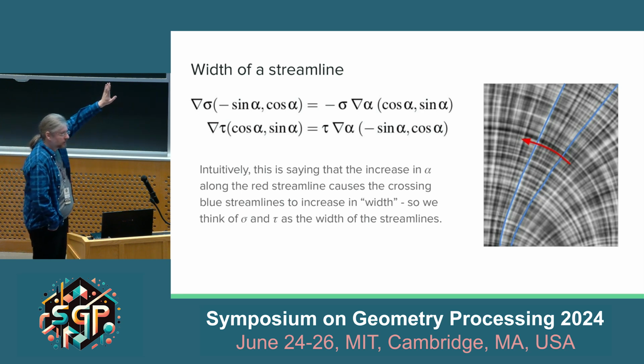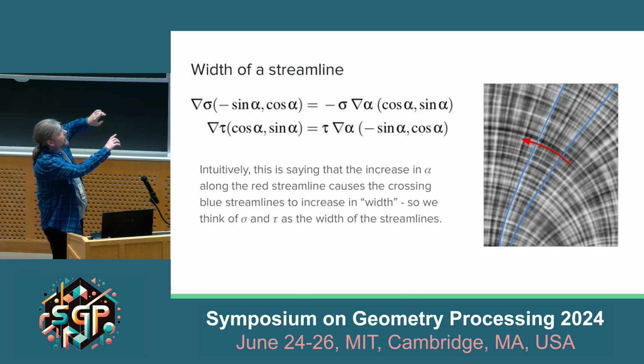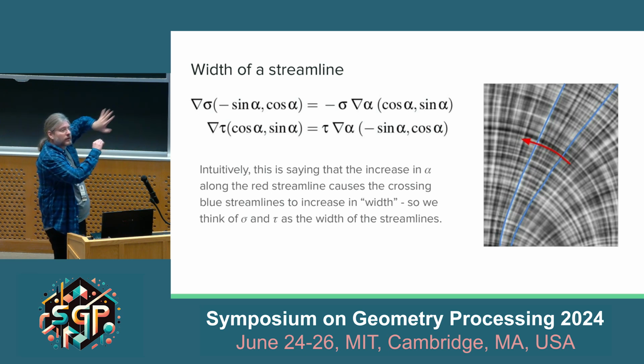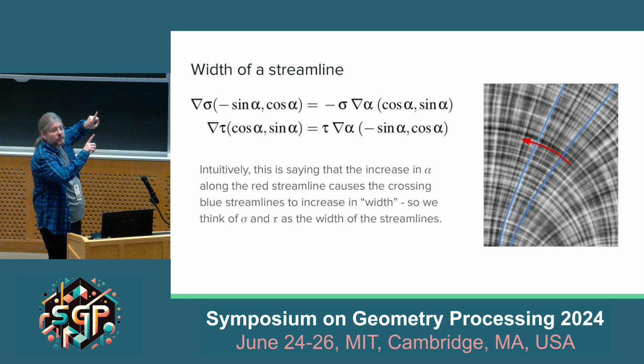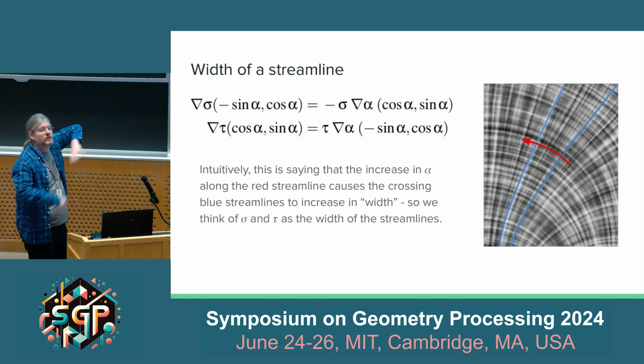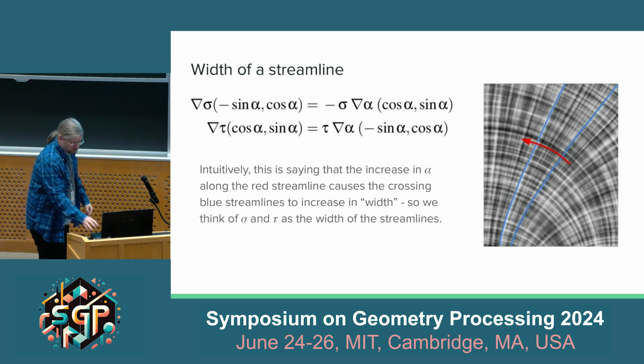So we know grad alpha is non-zero, but in particular, as grad alpha increases, as that curve gets stronger, we would expect the two blue field lines to be pulled further and further apart, causing all of the streamlines in between them to fan out and widen. So here we can see directly that the width of the field lines increases as you move across grad alpha.